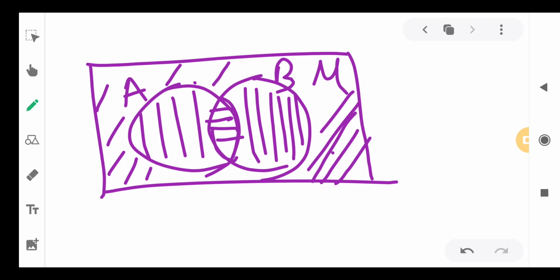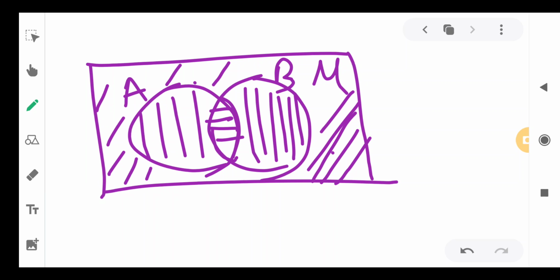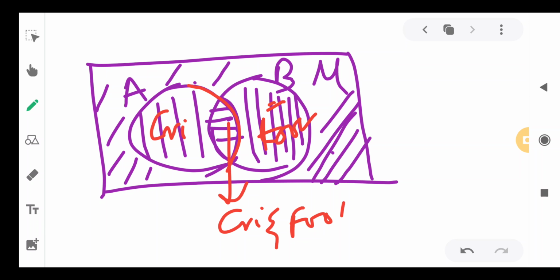I'll show you with an example. Suppose A is the set of cricket players and B is the set of football players. Here, those who can play both cricket and football are in the middle.